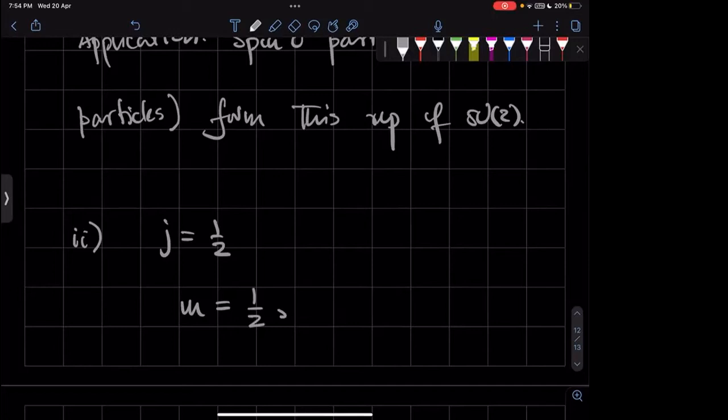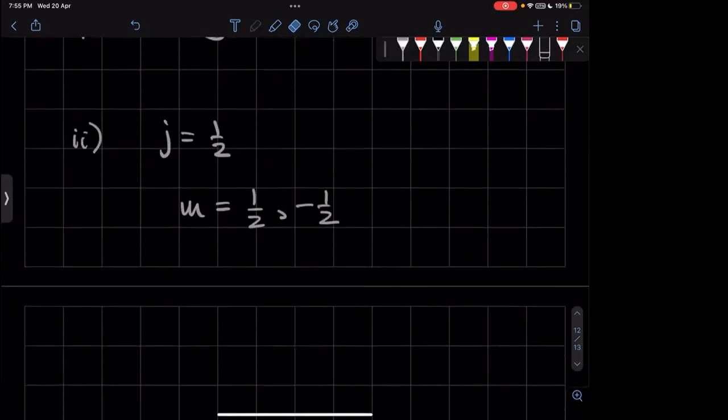The next lower value should be minus half. But we know that the highest value should be minus the lowest value and vice versa, right? So there should not be any more. So the dimension of this representation will be how many? 2. Yeah.